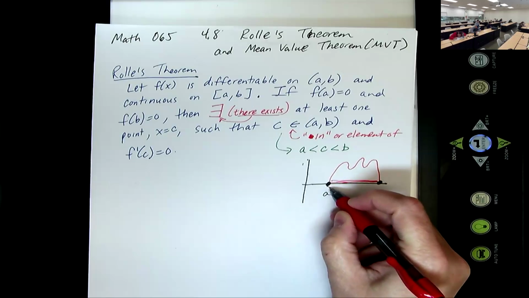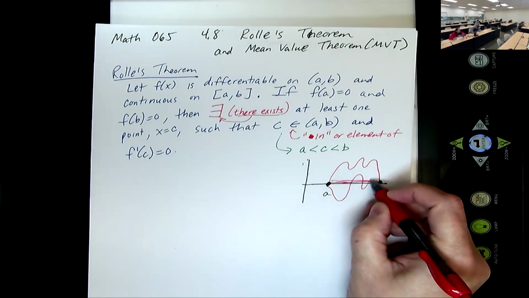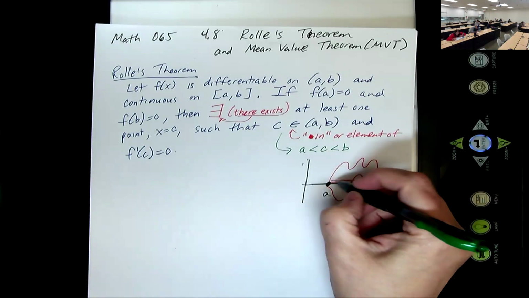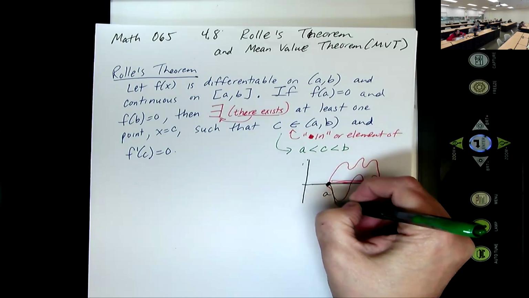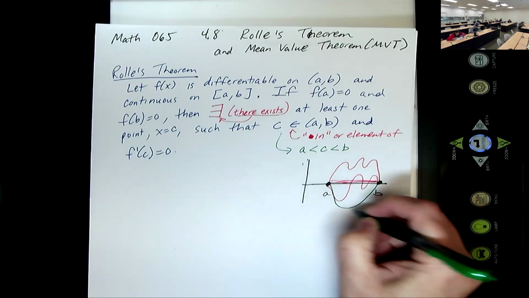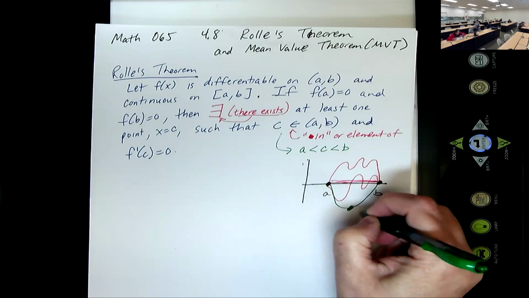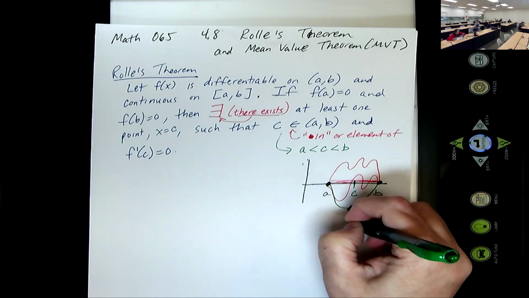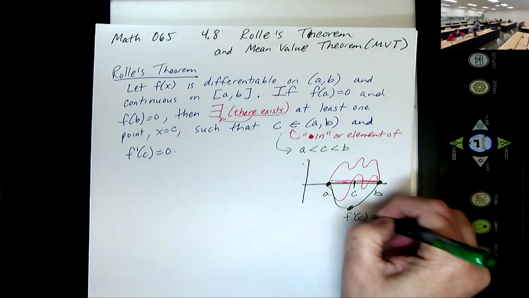It could go down below, it could cross again, it could cross a few times and hit there. But at some point, let me do a green line, there is some point C where f prime of C equals 0.